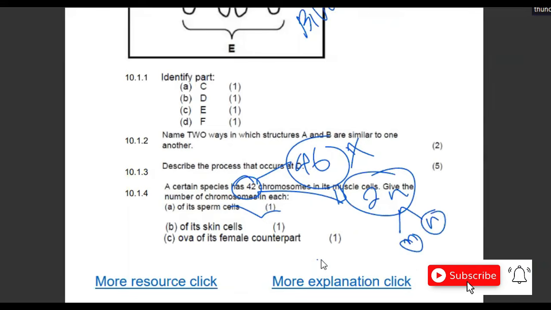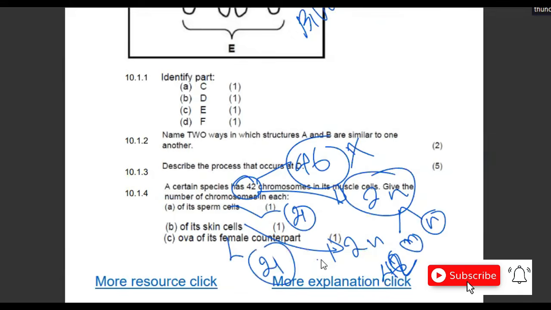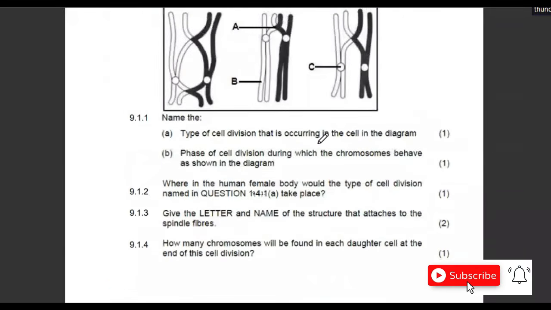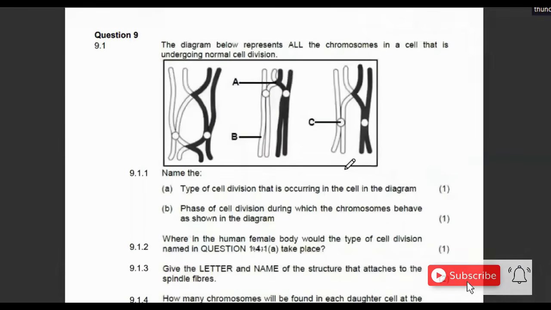Therefore, the answer here is going to be 21. The skin is autosomes, is 2n. Therefore, it's going to be 42. And the ovum of the female counterpart is the same thing, 1n, which is 21. In most cases, the number of chromosomes is what confuses students, and they end up losing marks. So it's the same thing here.